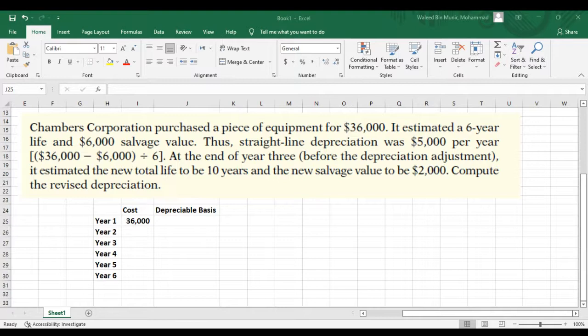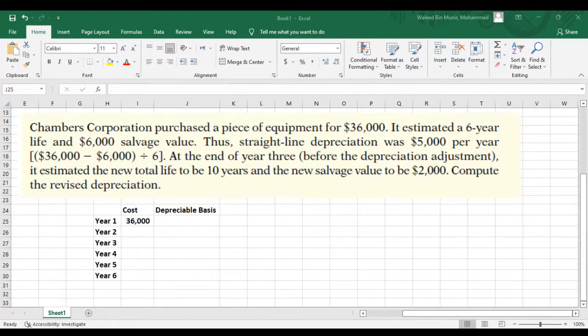Yes, you have the slides, right? Badr al-Ahmadi. Badr, are you there? Yes, Doctor. What is the depreciable basis? 30,000. It is 36 minus 6.